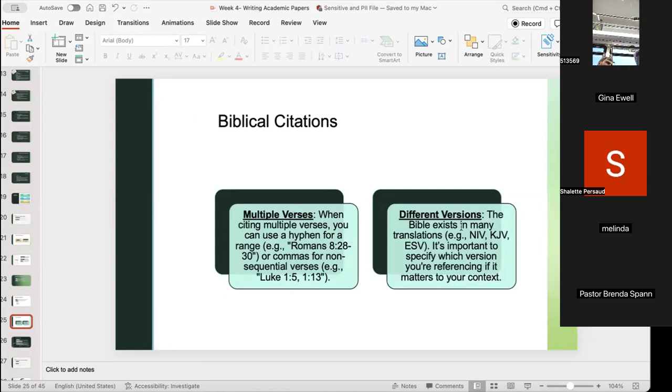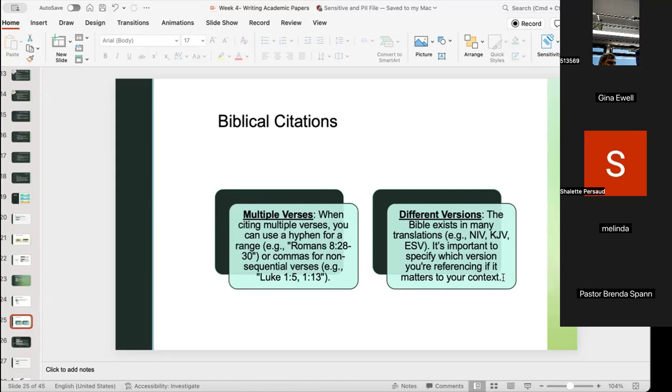I'm going to go to this second slide here first because I want to get back to the multiple verses. But the Bible exists in many different translations. We have here the 3 most often used. It's important to specify which version you're referencing if it matters to your context.